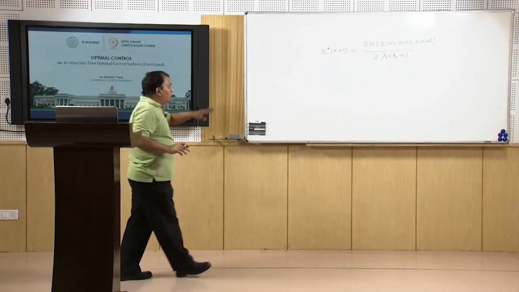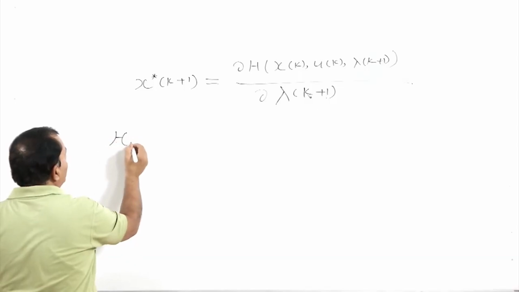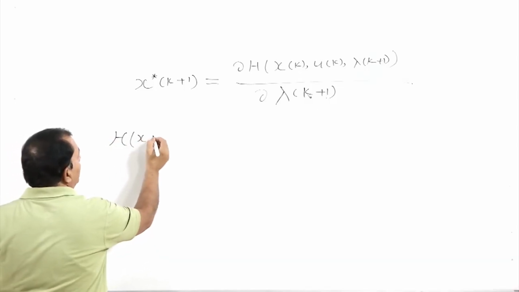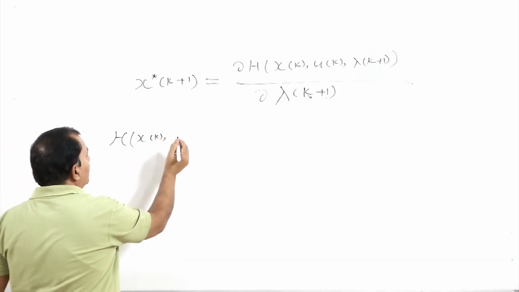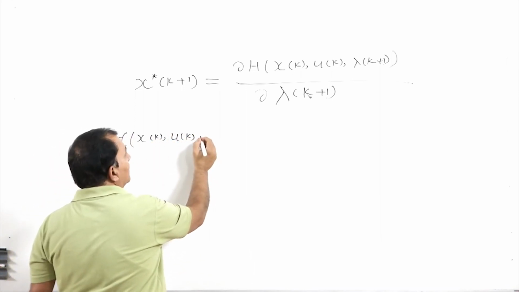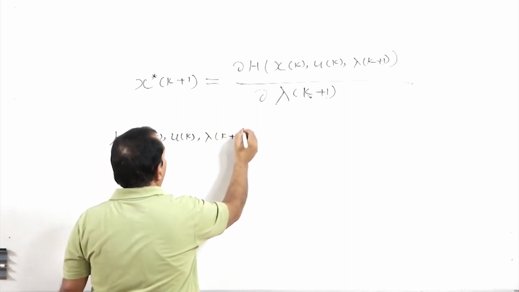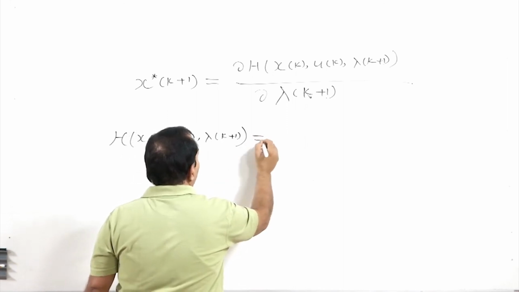What is the advantage of having this? Because now I can define my H of x k, u k, lambda k plus 1. How are we defining this?